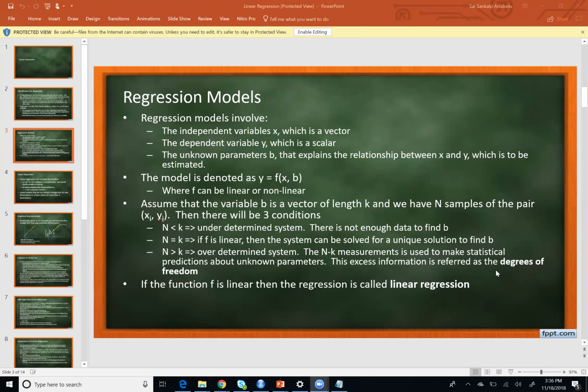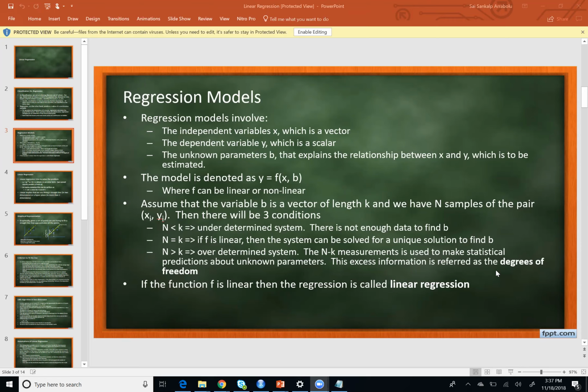Why did I say you have 6 degrees of freedom when you have 3 features? Because when you have 3 features, your linear equation becomes A1 times first feature, A2 times second feature, A3 times third feature plus B. So you have 4 unknown variables, and if I give you 10 observations, that means you have 6 observations extra, and that's the degrees of freedom you can play with.